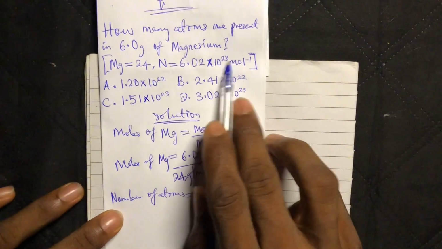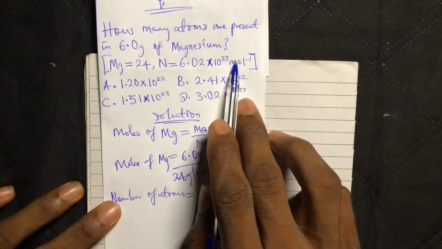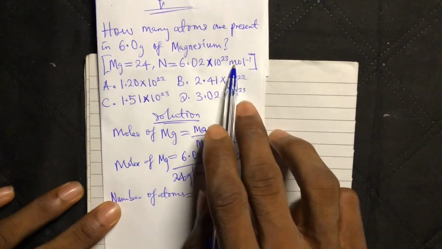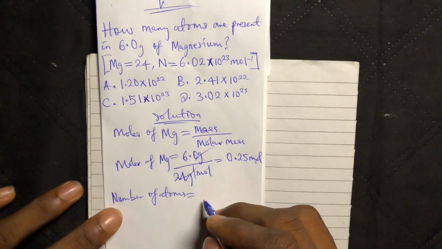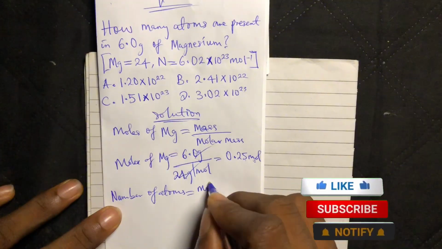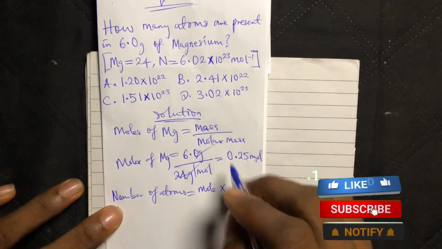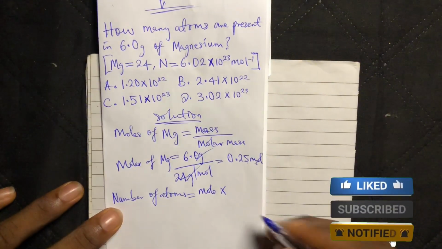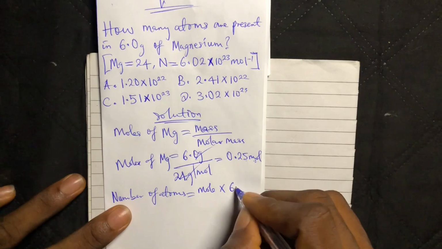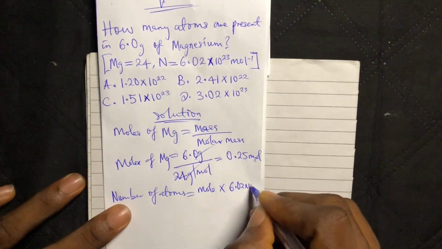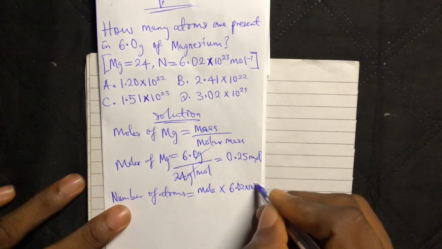This is a constant. This number here is a constant in this equation. So the number of atoms is going to be mole times this constant. So you have times 6.02 times 10 raised to power 23.